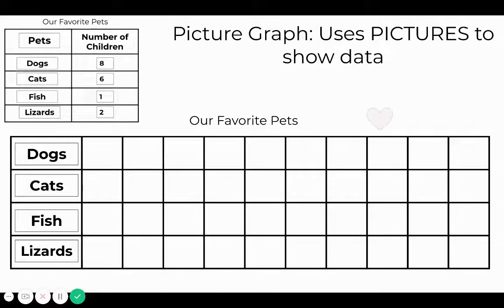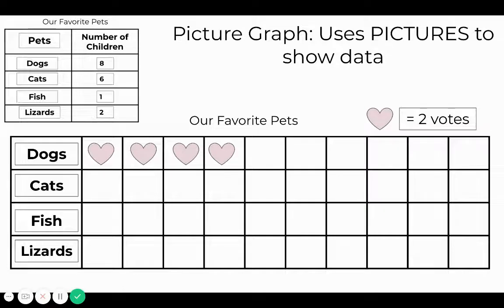I could change my key to say that 1 heart equals 2 votes. If 1 heart equals 2 votes, that's going to change how I fill out my graph. To represent 8 students voting for dogs, I only need 4 hearts because 2, 4, 6, 8 votes for dogs.